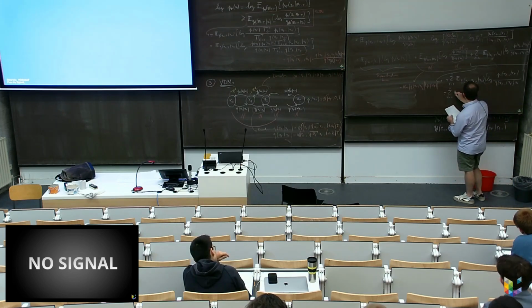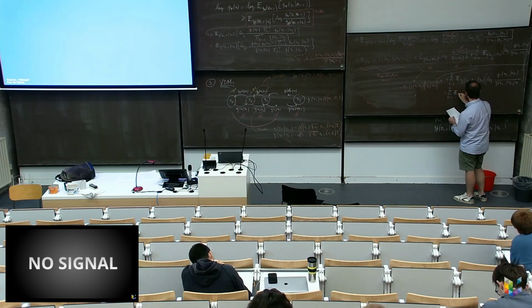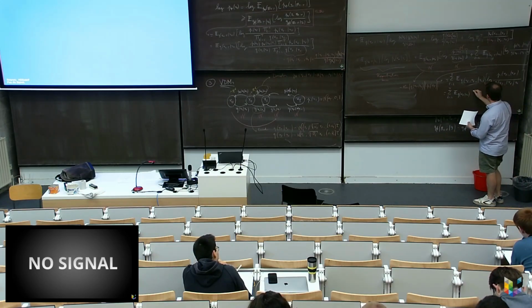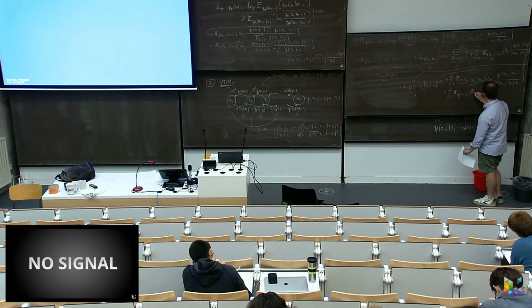So if we take the first one, we have q of xt given x0. And then we are left with the expectation over... Okay, let me maybe write it and not jump too many steps.